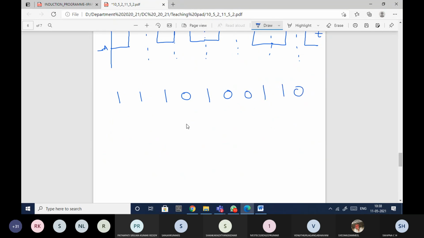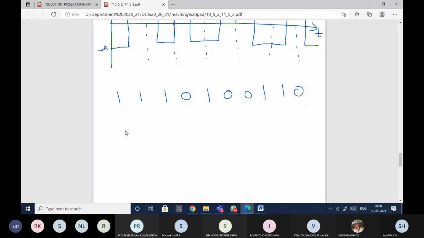This is the binary data 111 01 00 110. For this you need to draw the different formats. Let me dictate the question once again. Sketch the following for the binary data given. Take down this data, whatever data I have represented here.